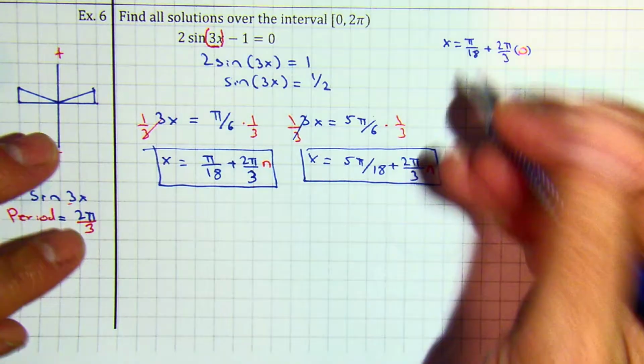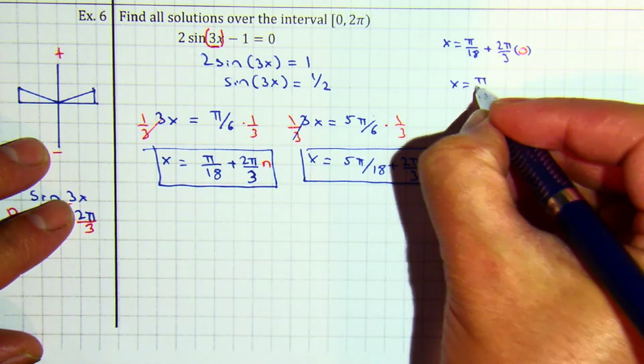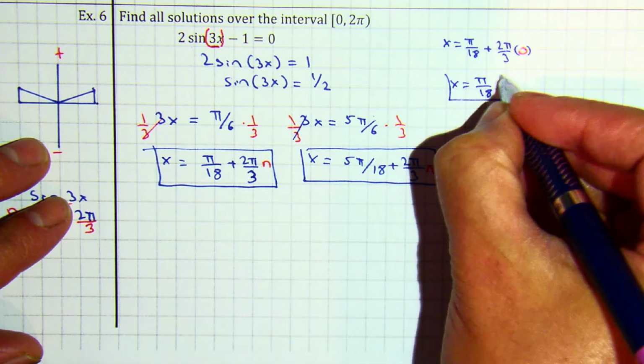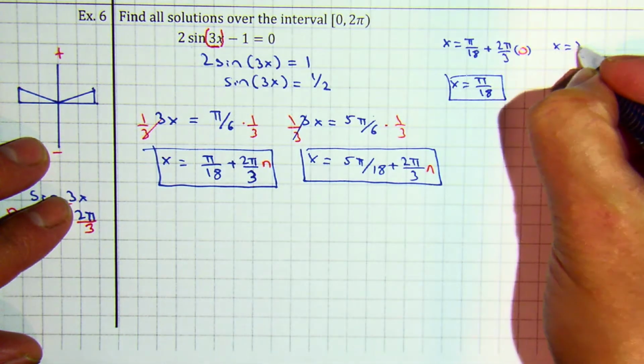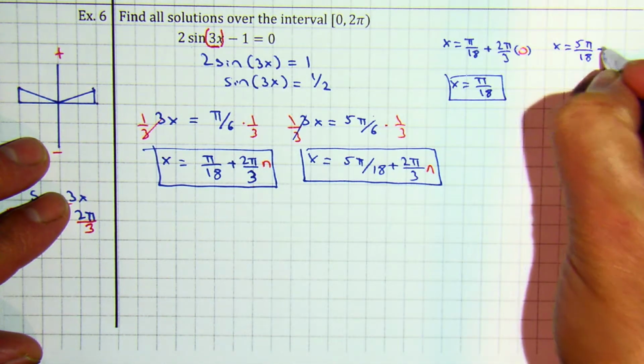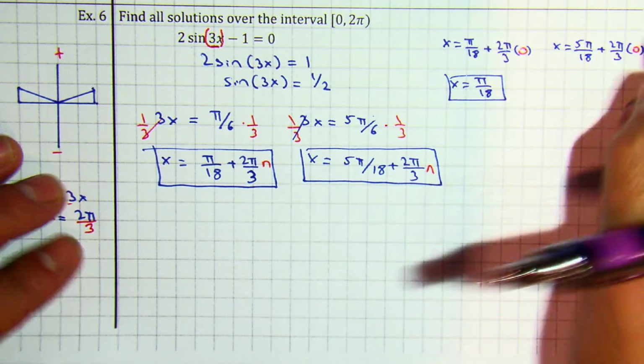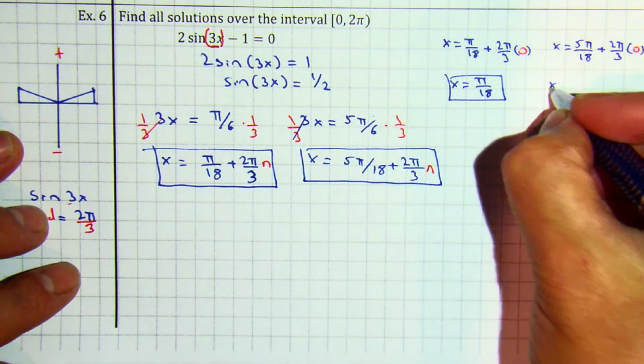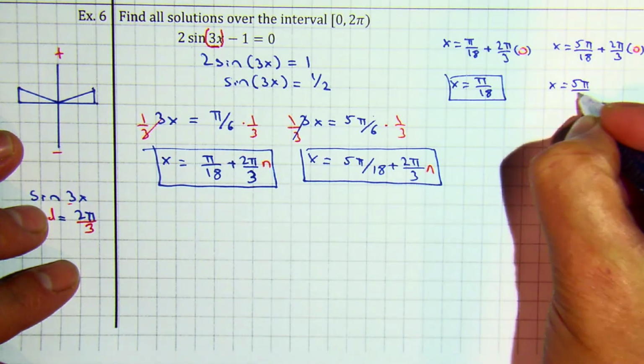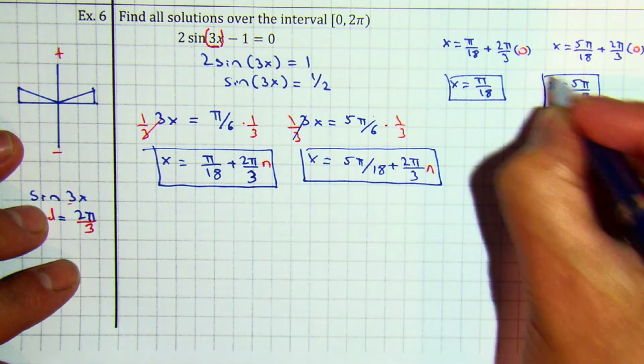So the first one will be x equals pi over 18. x equal to 5 pi over 18 plus 2 pi over 3 times 0. That will give me x equal to 5 pi over 18, since that gives me 0.